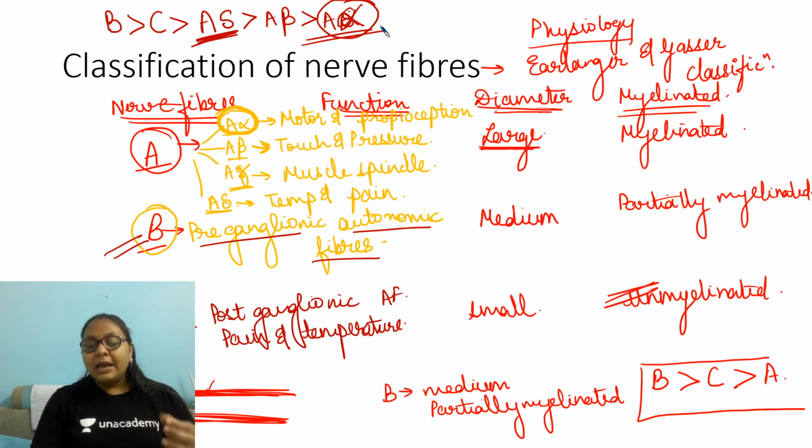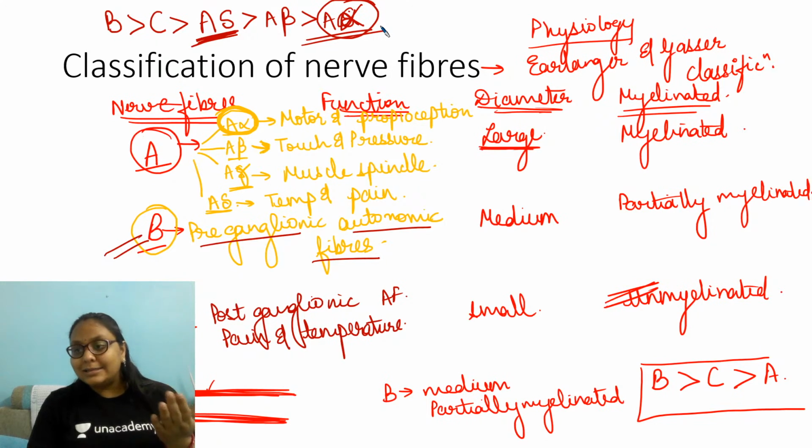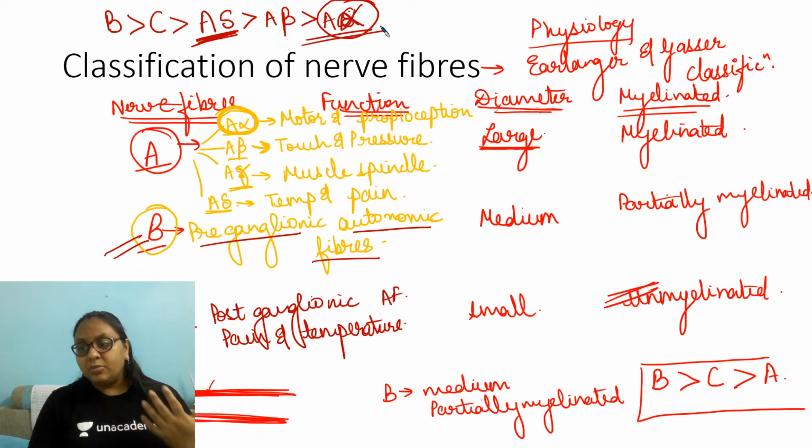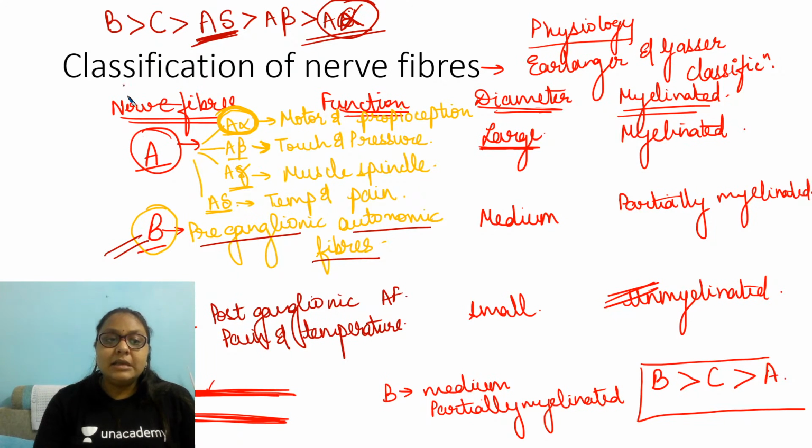If the patient is not able to lift the leg, what is that? That is the patient has lost the motor sensation, and if the patient has lost the motor sensation, that means the other sensations, that is sensory and autonomic, are also lost. So this is about the nerve fibers and the sensation.